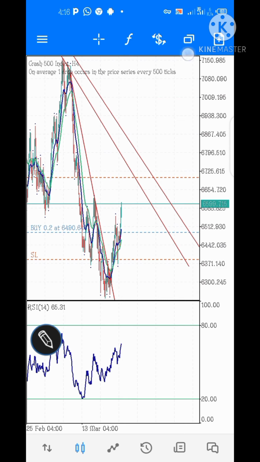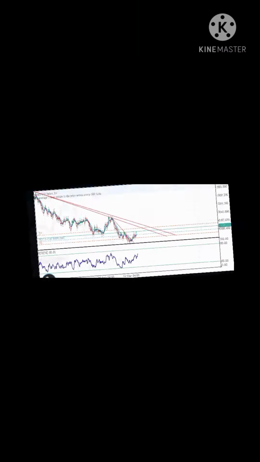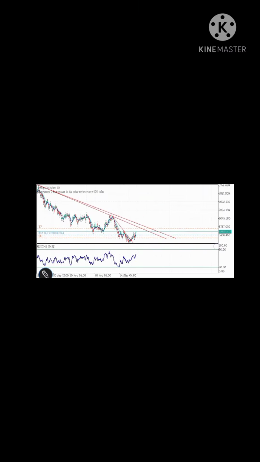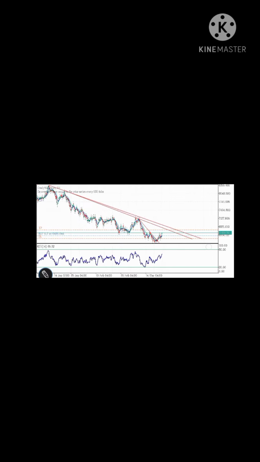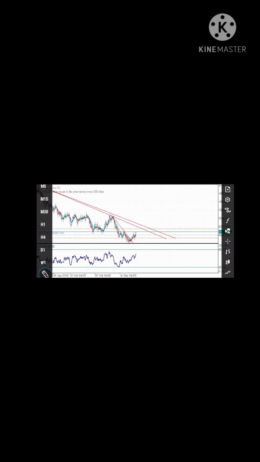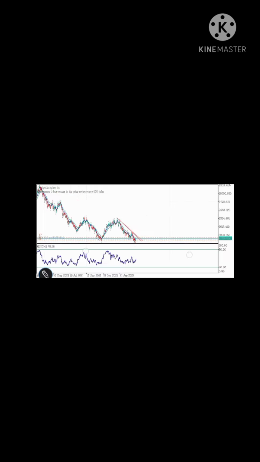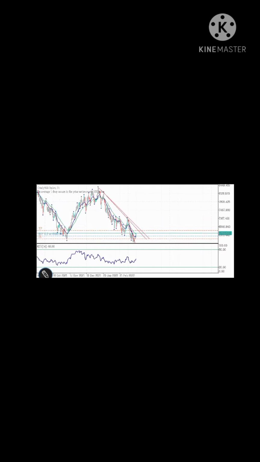So this is the analysis I did before entering this trade. See the trend line I drew and everything.